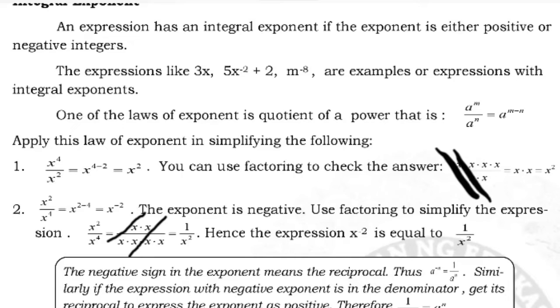So what is left is, in the numerator, 1 times 1, so 1, over, in the denominator, x times x, which is x squared. So this is equal to 1 over x squared. Hence, the expression x raised to the power of negative 2 is equal to 1 over x squared.